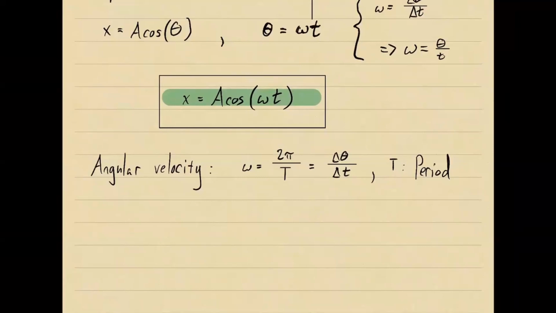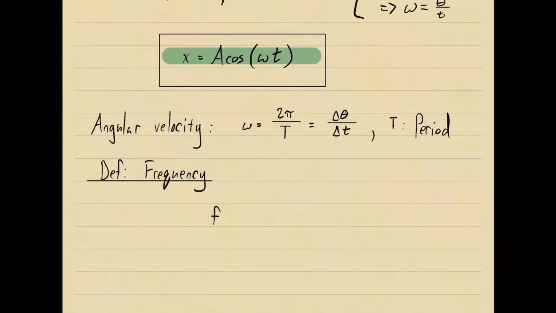And so what we're going to do is define the frequency of this motion. We're going to define the frequency f to be equal to 1 over the period. All right, so this is the frequency of our motion.